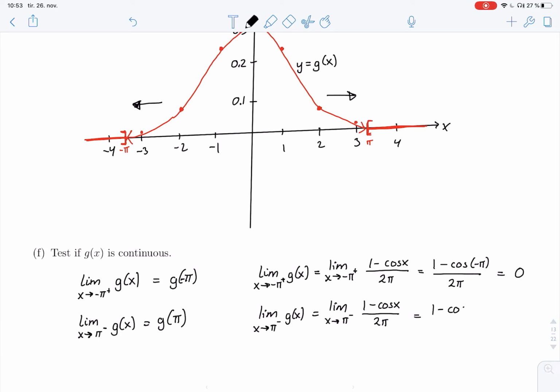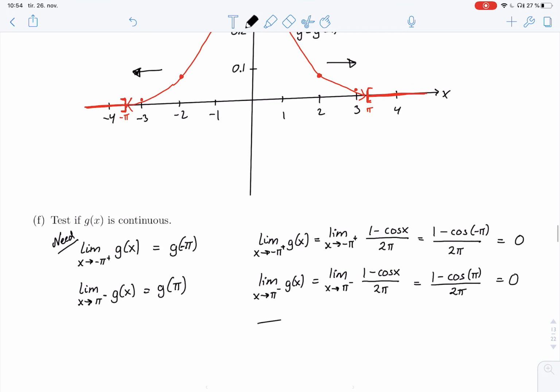And then we exchange x for pi, and we get 0. So this is what we need, and this is what we get. So because of this, g of x is continuous.